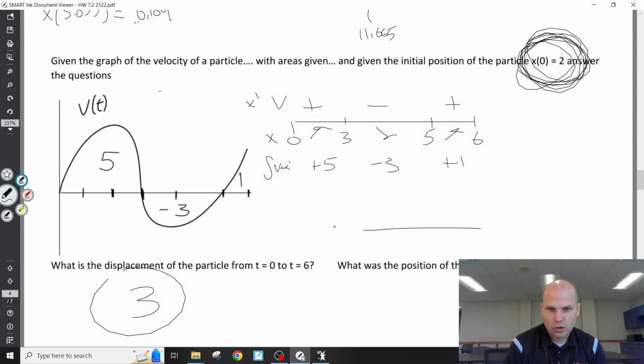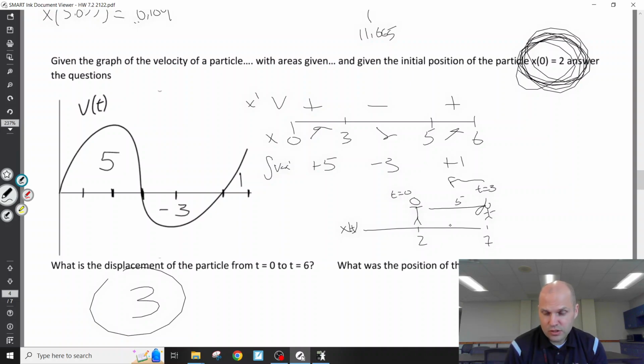You see that? So now let's break out my position graph. This is not a time graph. This is a position graph. I started at a position of 2 at time 0. Over 3 seconds, I move to the right 5. I'm now at a position of 7 at t equals 3. I then, here's my dude, move to the left 3.